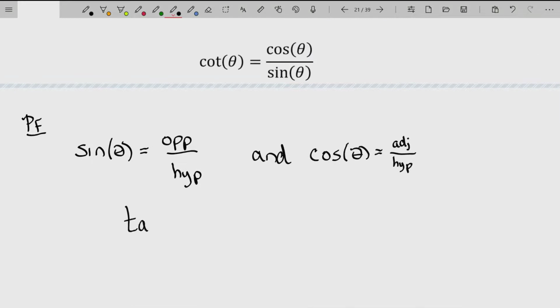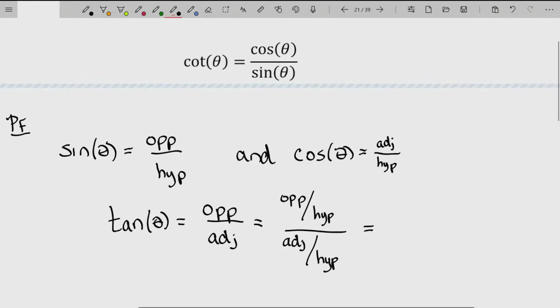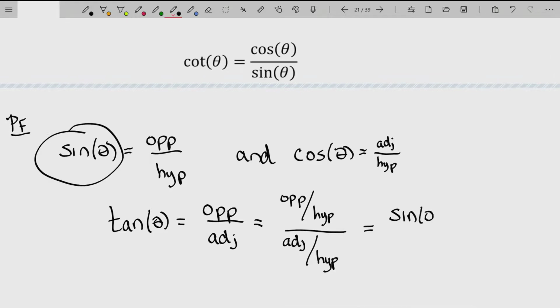Well, we know that the tangent is opposite over adjacent, right? But if you divide both top and bottom by hypotenuse, you would get the following. All I'm doing is dividing both numerator and denominator by the word hypotenuse, which is non-zero, by the way. That's important. And so opposite over hypotenuse, I have a way of writing that. That's called the sine. And that denominator, adjacent over hypotenuse, I have a way to write that. It's called the cosine.